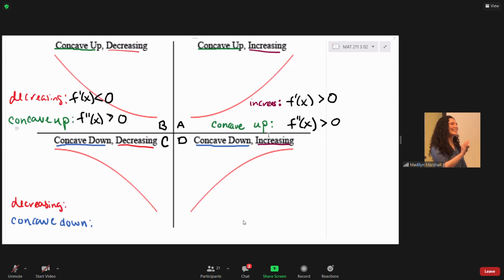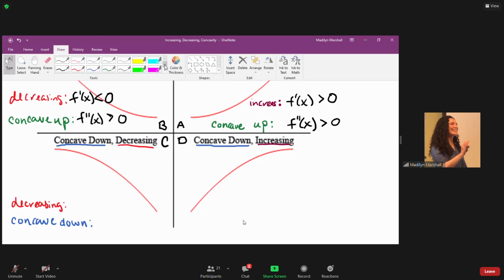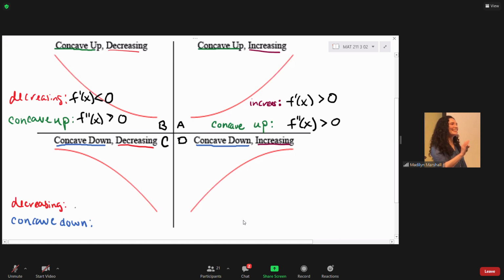Okay. So looks good. Most people chose the correct choice here. So if the function is decreasing, that's the same as the one above, which means the first derivative is less than 0. So decreasing always means f prime is less than 0.